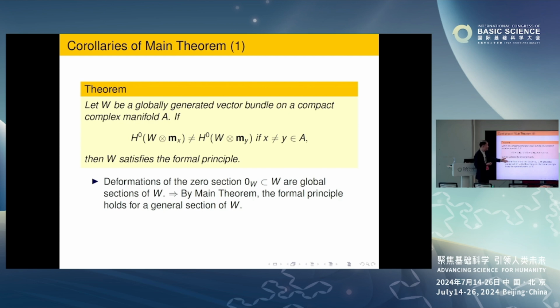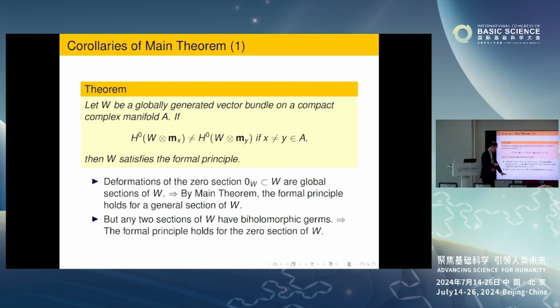So for a vector bundle, it doesn't matter which section you choose. By the main theorem, the formal principle holds for general sections of W, and then it implies that the formal principle holds for the zero section, because any two sections of a vector bundle have biholomorphic germs. That's one corollary.